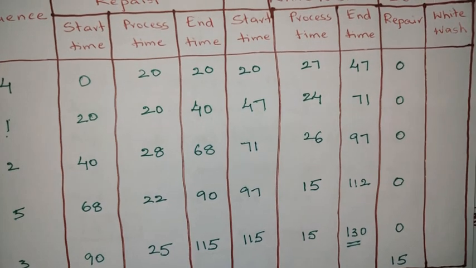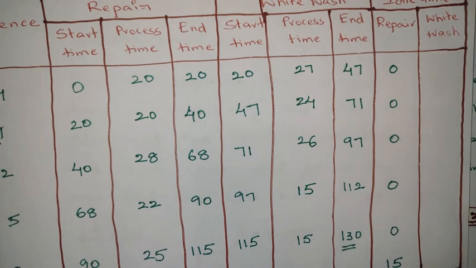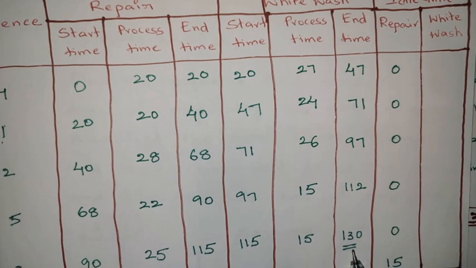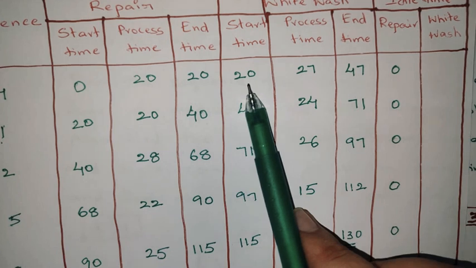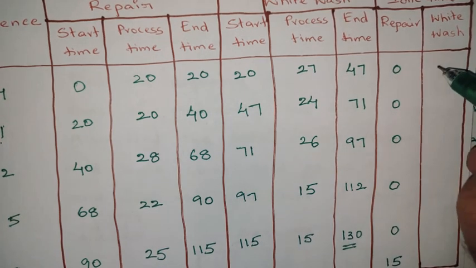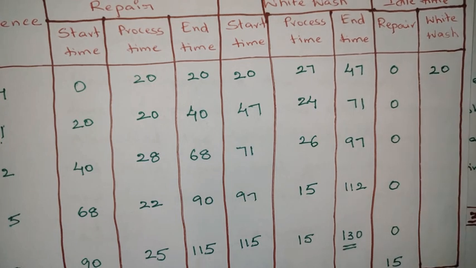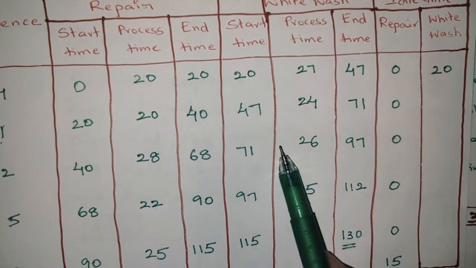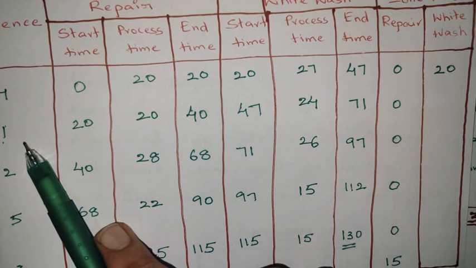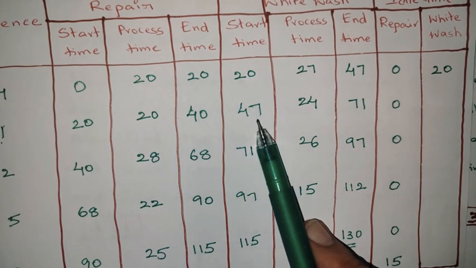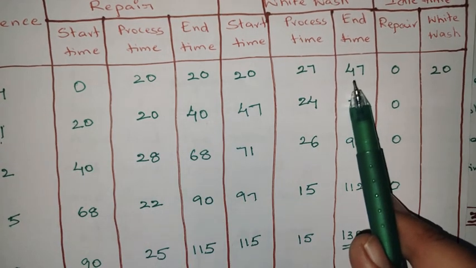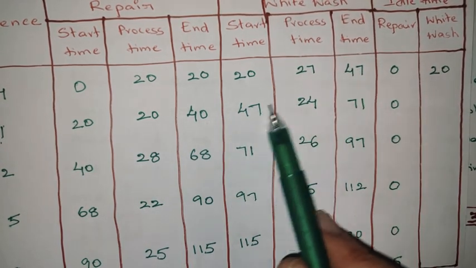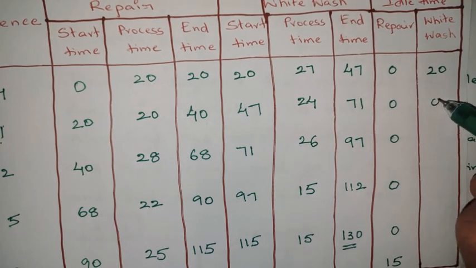Next, let us calculate the idle time for the whitewashing. Initially the whitewash process was started at 20 hours, so before 20 hours the whitewash machine should be idle. That's why the idle time is 20. And next, the first floor whitewash was started at the 47th hour, and the fourth floor whitewash ended at the 47th hour itself, so there is no time lag. The idle time is 0.